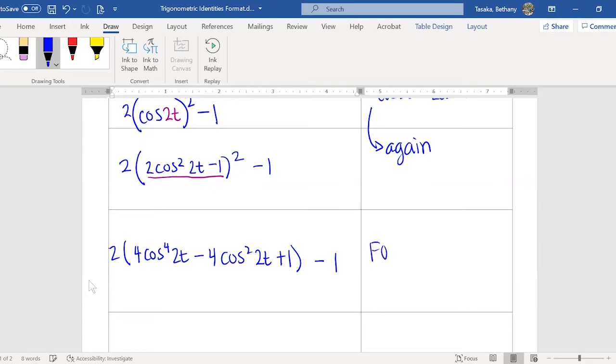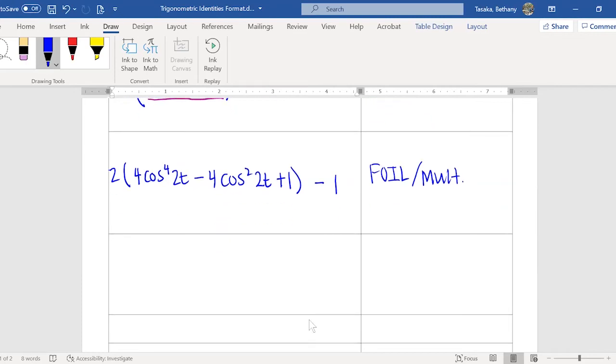So that's foiling or multiplying, whichever you'd like to call it. Okay. Then I can distribute that 2, right? So if we distribute the 2, all the way down there, you get 8 cosine to the 4th 2t minus 8 cosine squared 2t plus 2 minus 1.